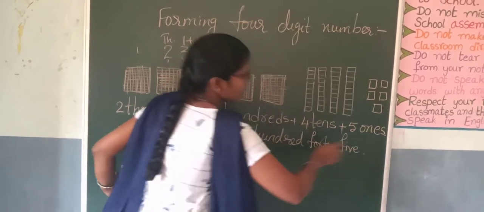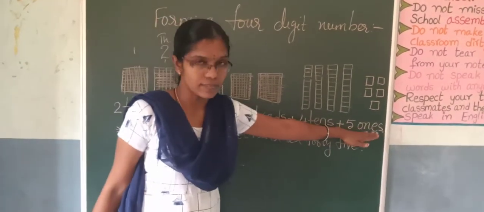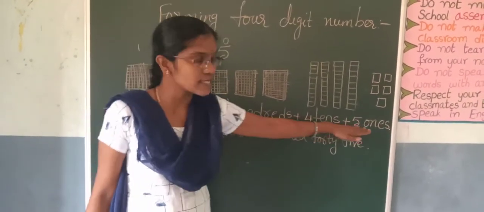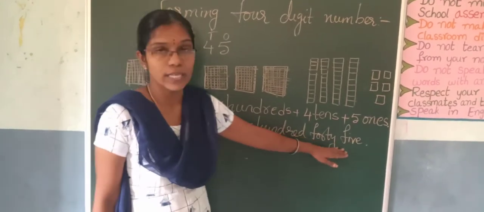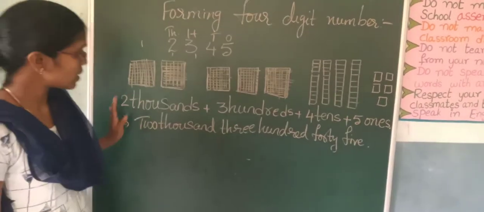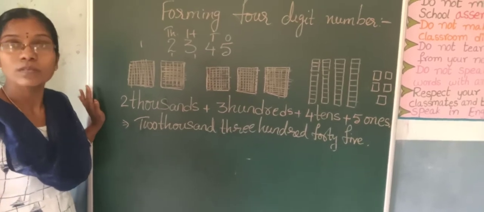Okay. See here 4 tens are there and 5 ones are there. So we can't write 4 tens and 5 ones. So how do we write? We write 45. Okay students, did everyone understand the topic?